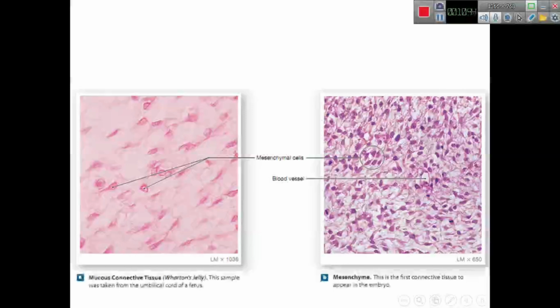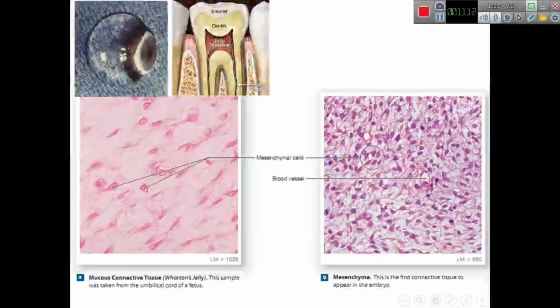But here you can see we have a lot of ground substance. We have a lot of distance between the cells. It means in this part we have a lot of ground substance, and we don't see any fibers, or we see a few fibers between. For example, these are fibers, and this part is all ground substance, called mucous connective tissue or Wharton jelly.